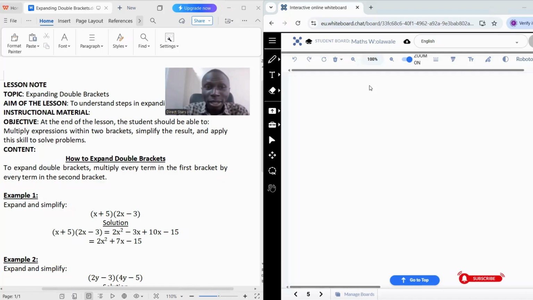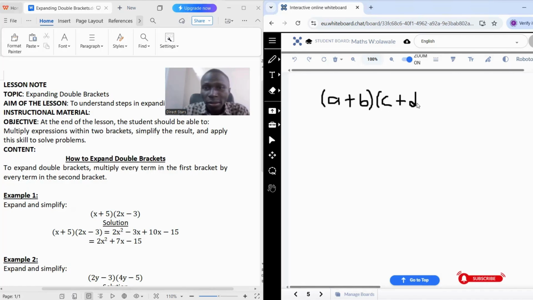So how do we expand double brackets? To expand double brackets, multiply every term in the first bracket by every term in the second bracket. So let's say, for instance, we have (A plus B), multiplied by another bracket, (C plus D).